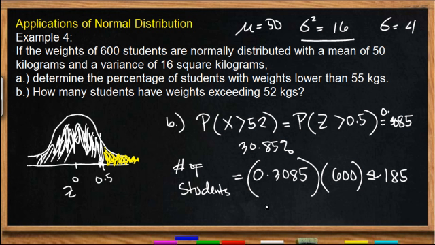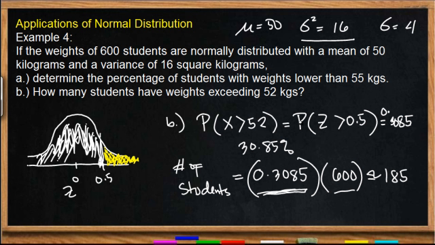So if that is the total students, then the percent of the students is the chance. I cannot explain it further, but that is how it is done. Total number of students times the chance, which here is 30.85, or 30.85% chance that a student's weight is greater than 52 kilograms.